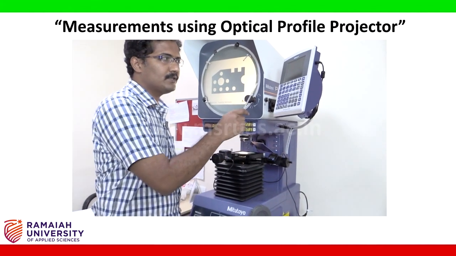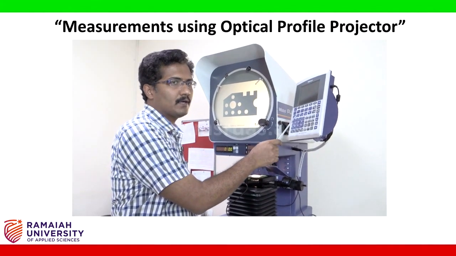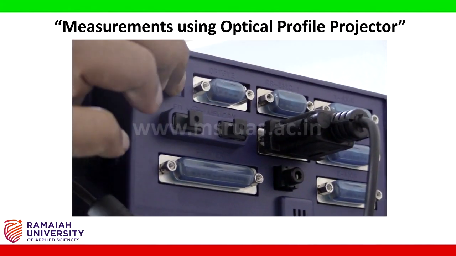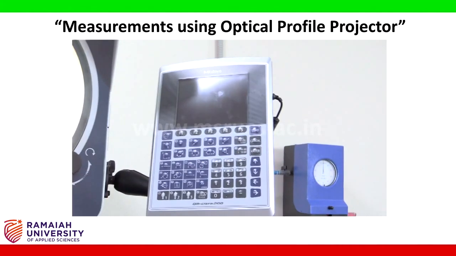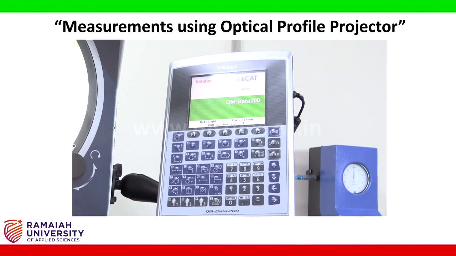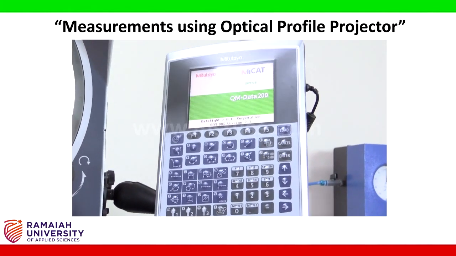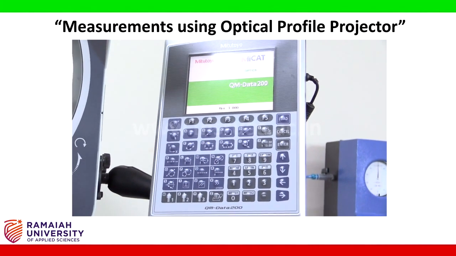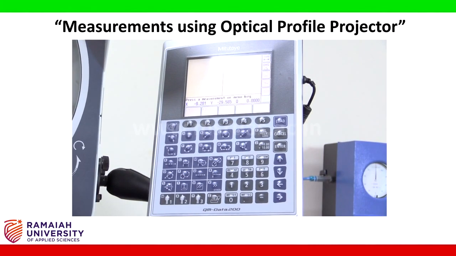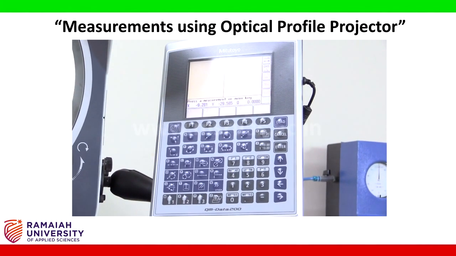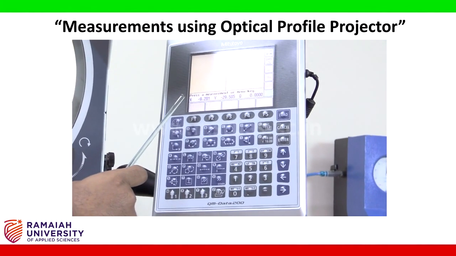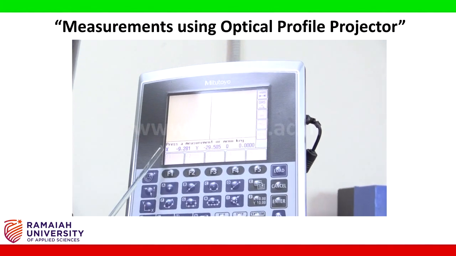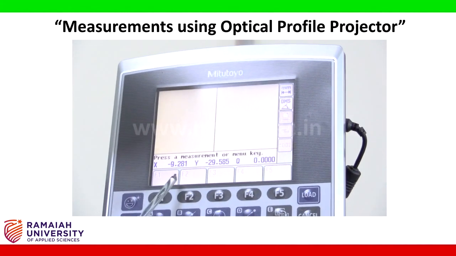The next step is to switch on the QM data digital readout unit. Now you can see the X coordinate and Y coordinate on the QM screen.